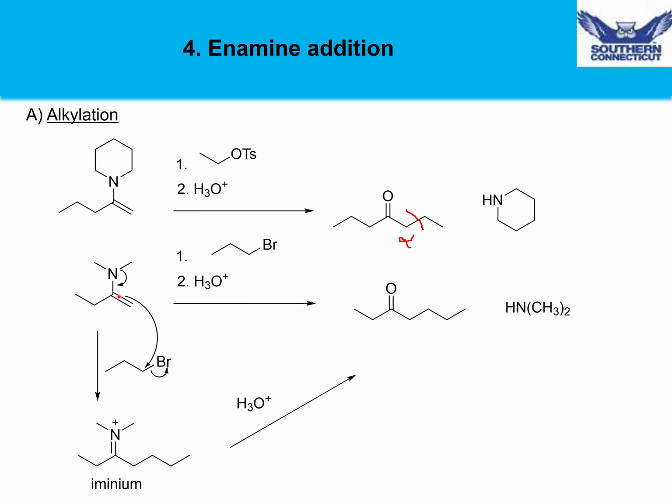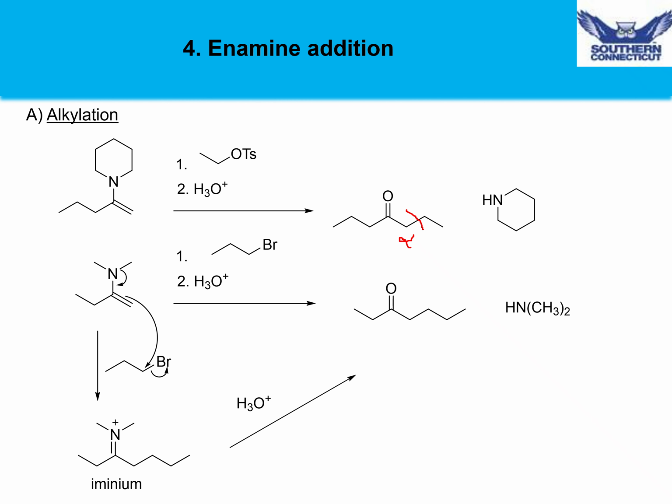This next example will probably make it a little bit clearer of exactly what's going on here. So if you have an enamine and you add an alkylating agent like this alkyl halide, the enamine will push electrons towards the alpha carbon, which will then attack the carbon with the leaving group. That forms this intermediate.